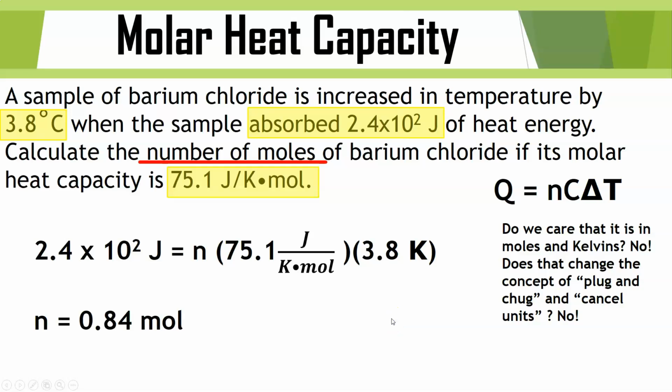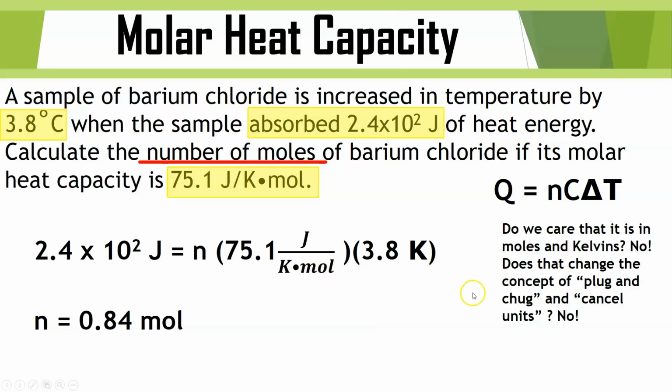So if you gave 0.84 moles of barium chloride 2.4 times 10 to the 2 joules of energy, the temperature will go up by 3.8 degrees. Okay, so you can see it's basically the things we've been doing. There's just a little twist. The odds and ends is that it's molar heat. We calculate it in moles instead of in grams.